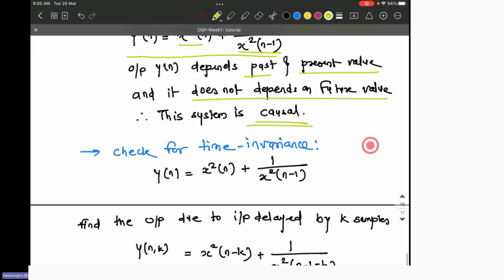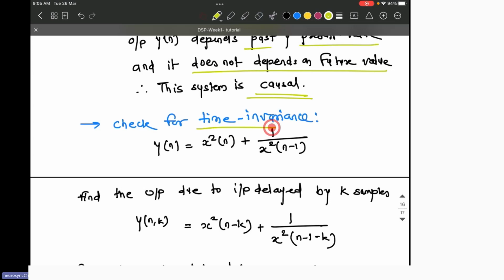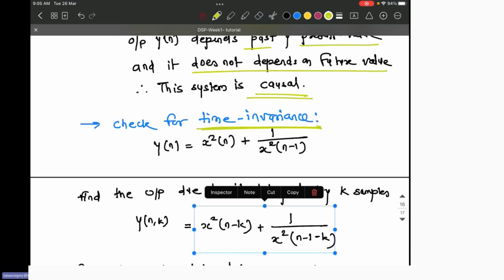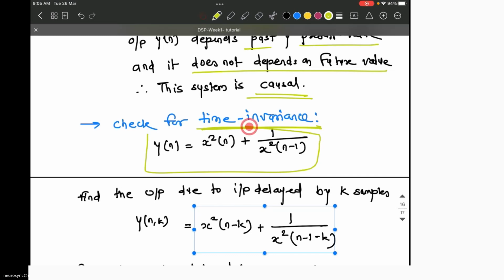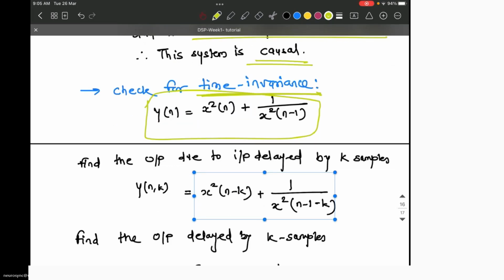Now, how to check for the time invariance? This is very important. Okay. Now I'm having this system. To check for the time invariance, first thing you need to do here is find the output.